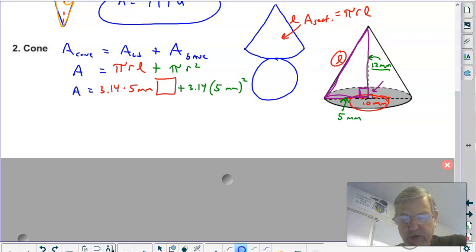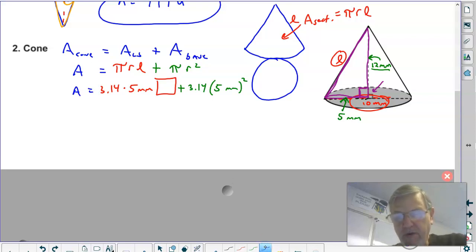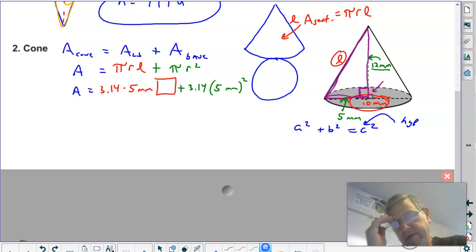And so just to refresh your memory, Pythagorean Theorem: a squared plus b squared equals c squared. And remember, c is always the hypotenuse. Now, which side is the hypotenuse? The L, the 12 millimeters, or the 5 millimeters? And I hope you say the L, right?